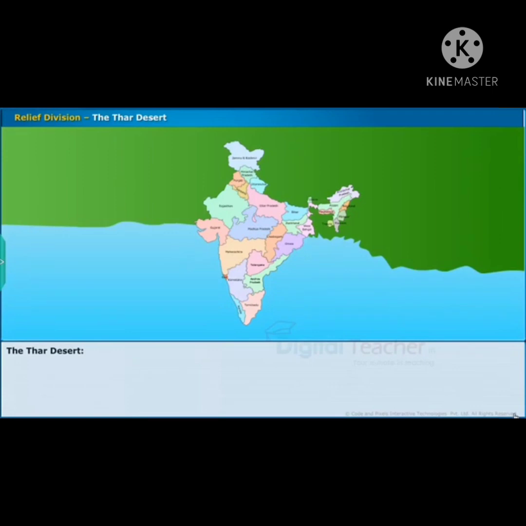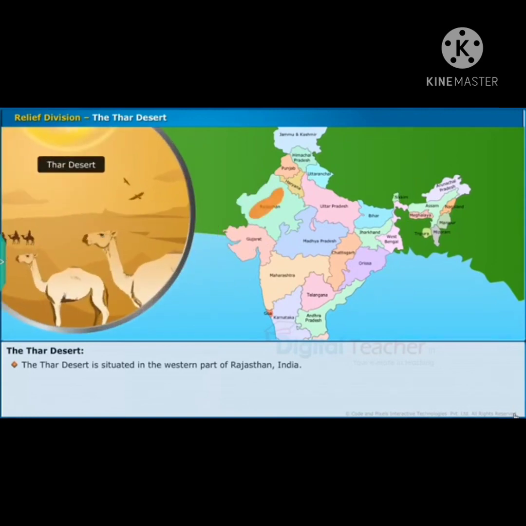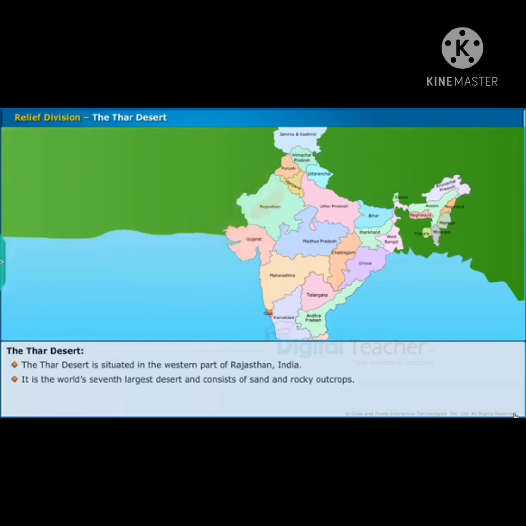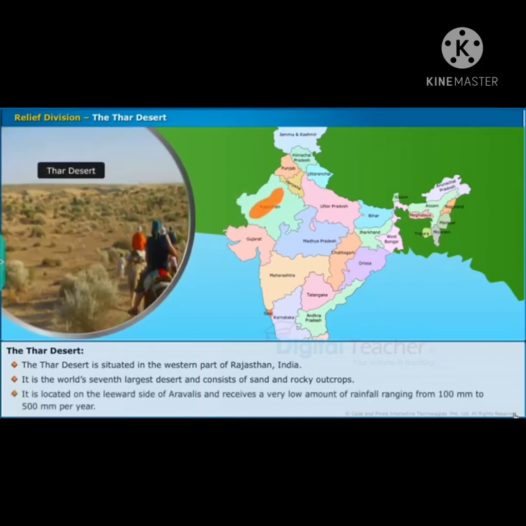Now, let us discuss another important relief feature of India, that is the Thar Desert. The Thar Desert is situated in the western part of Rajasthan, India. It is the world's seventh largest desert and consists of sand and rocky outcrops.